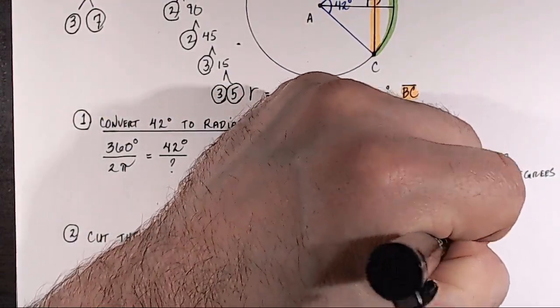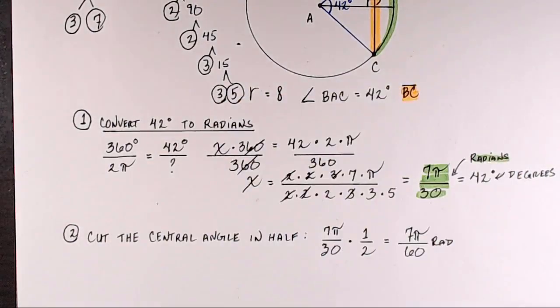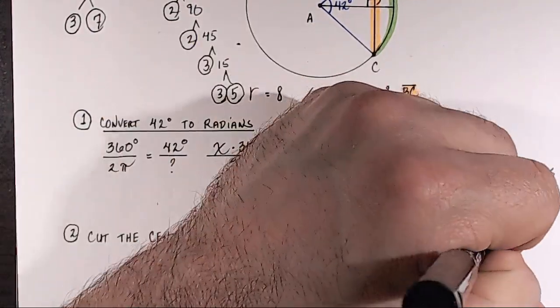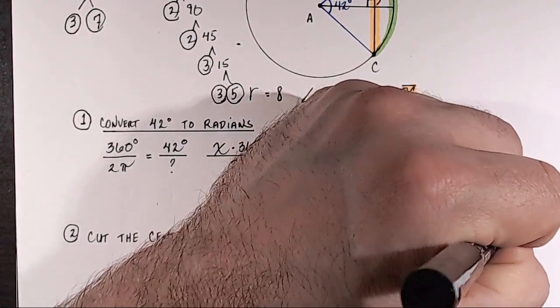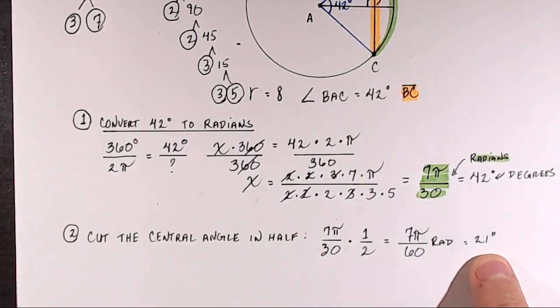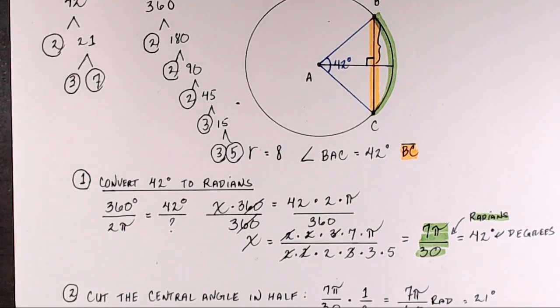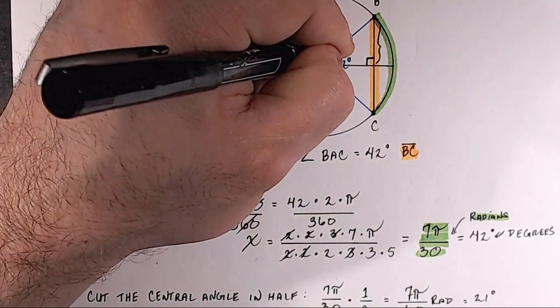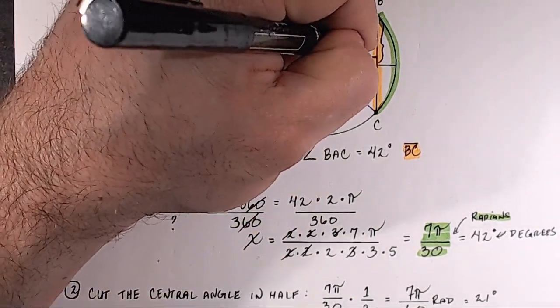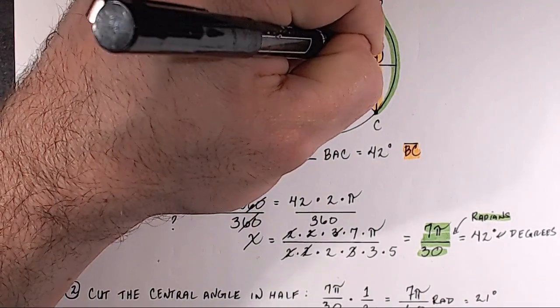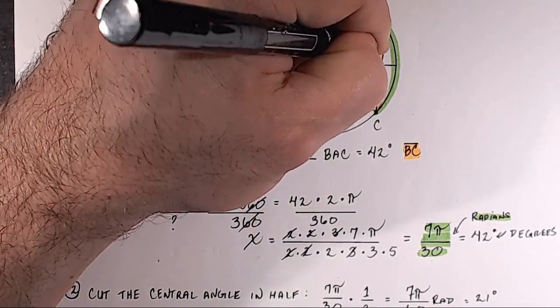Now this is radians, which is equal to half the degrees, it's 21 degrees, just so we can keep that in mind. 7 pi over 60 is half the central angle. So this smaller angle is 7 pi over 60.